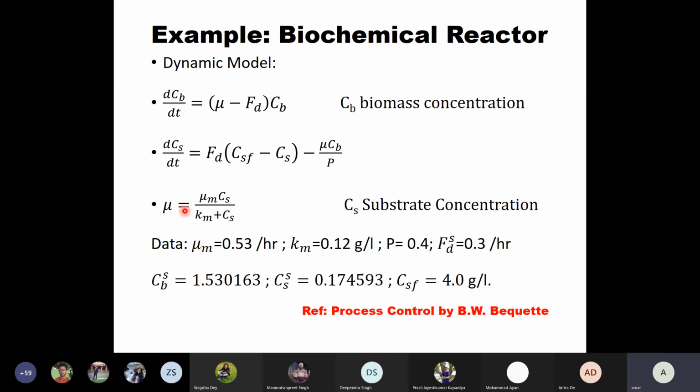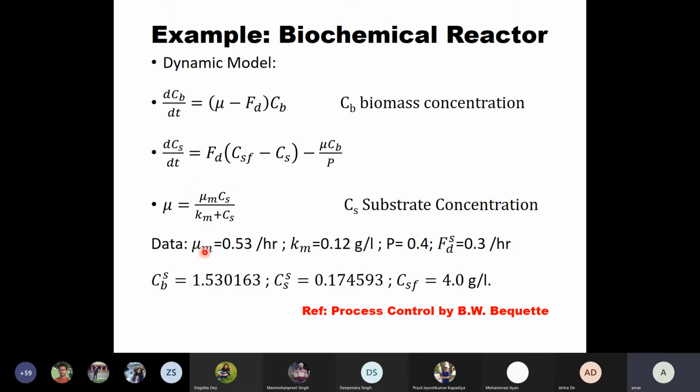And mu is governed by the rate kinetics. Here I have used the Monod equation for mu.